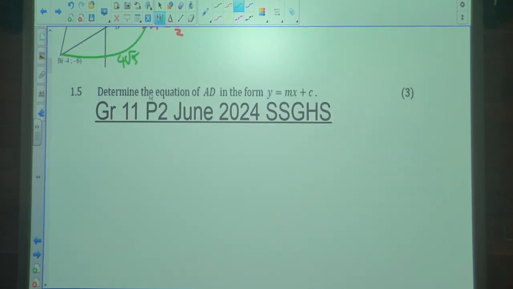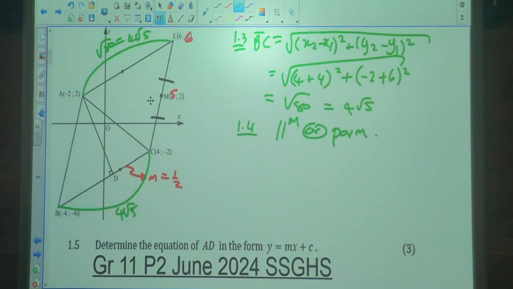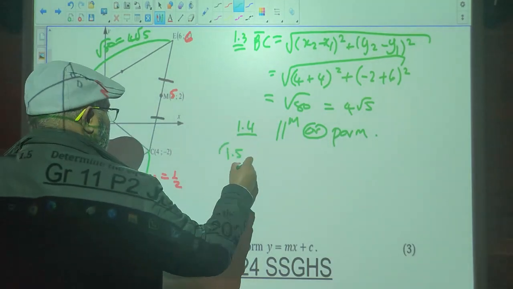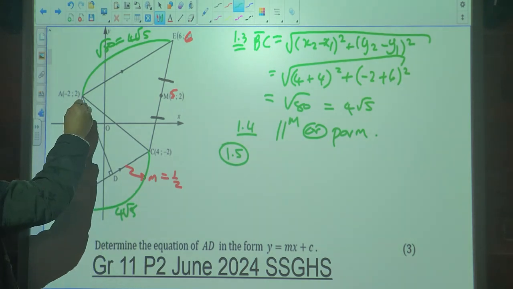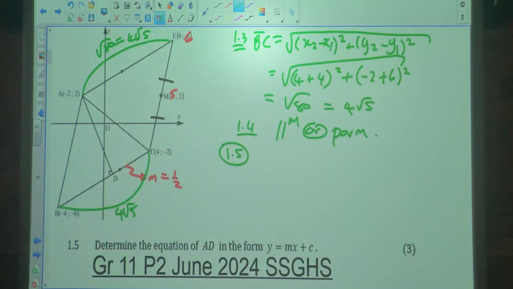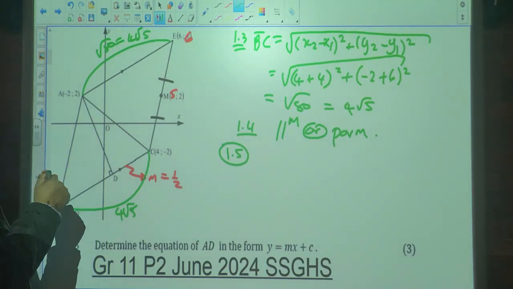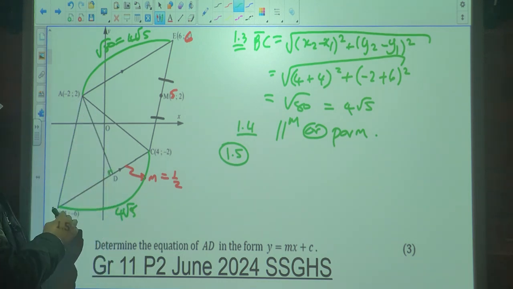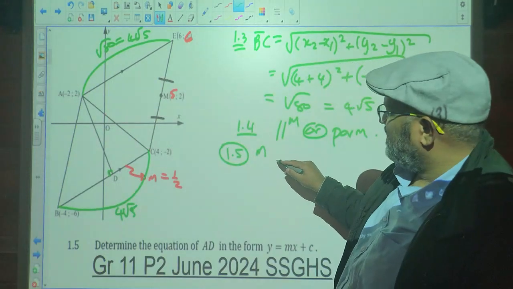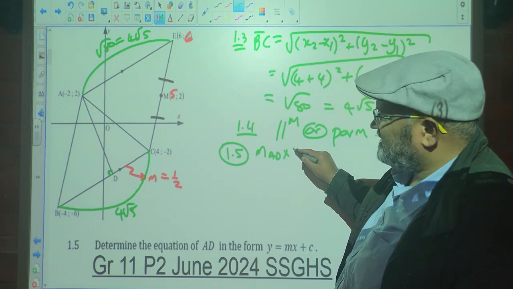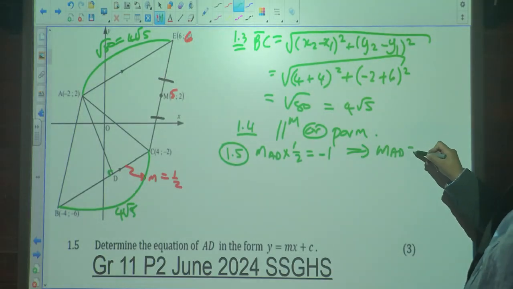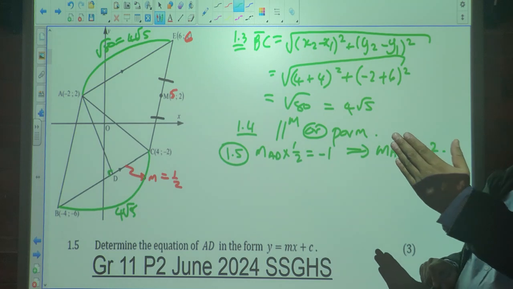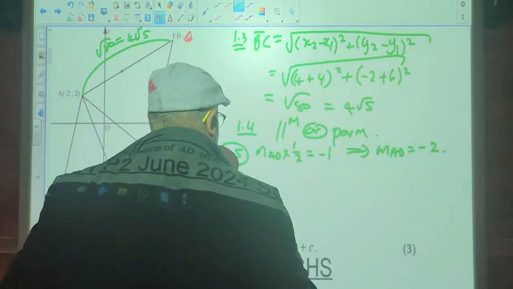Next question, 1.5, it says determine the equation of AD in the form y is equal to mx plus c. But as you can see here, for AD we only have one point on this line, so we need the gradient as well. We know there's a relationship between AD and BC: the product of the two gradients is negative 1. So the gradient of AD times the gradient of BC, which is a half, is equal to negative 1, which implies that the gradient of AD is going to be negative 2, which makes sense, since the line lying to the left is a decreasing function.